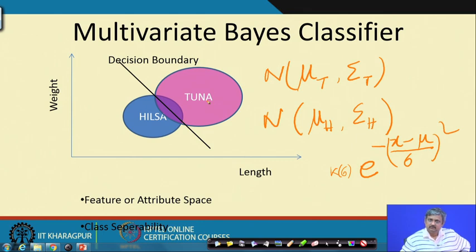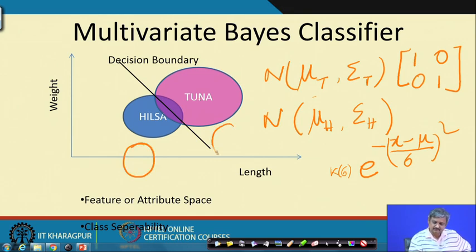I will use that expression and derive, under various conditions on mu and sigma, what this boundary looks like. Actually, I will give you this as an exercise: you consider two special cases. If sigma is a unit diagonal matrix, so basically these are unit spheres, both of them have the same sigma with unit diagonal matrices and some values of mu h and mu t.